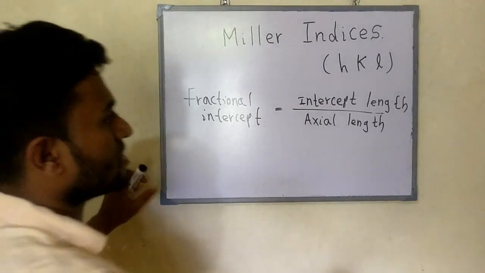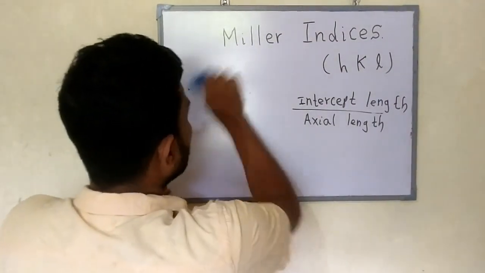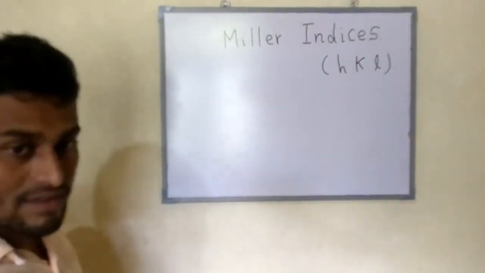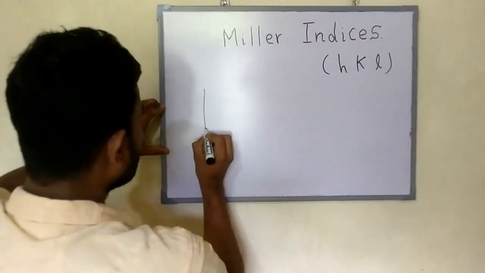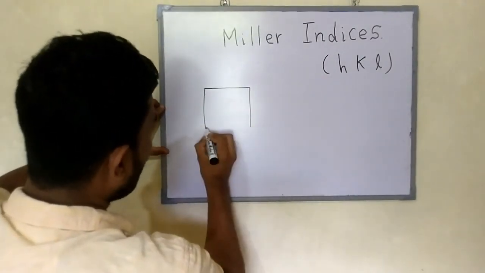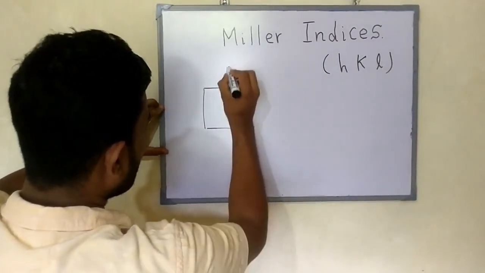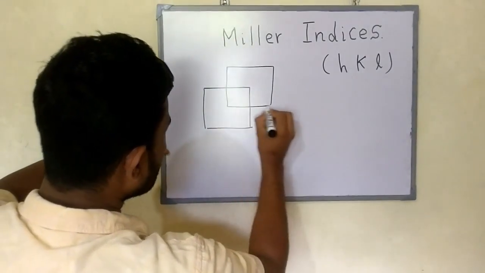For a given cubic crystal, the structure of those cubic crystals is like this.